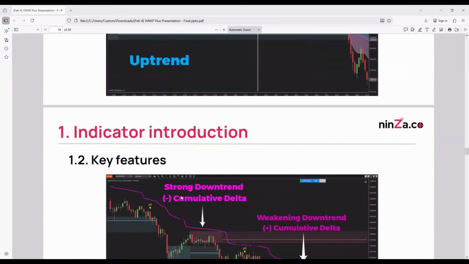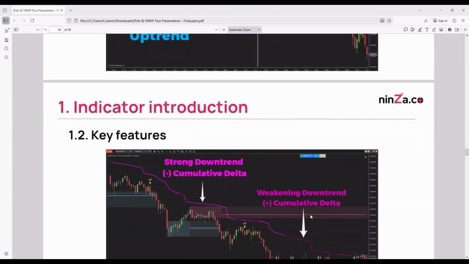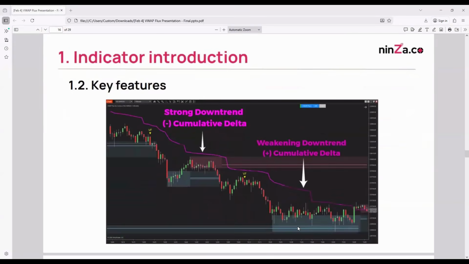So based on cumulative delta, with a negative cumulative delta, obviously you are in a downtrend, but it would let you know if this downtrend is weakening or possibly even reversing. Now, we saw an actual example of that on a chart that we looked at, right?